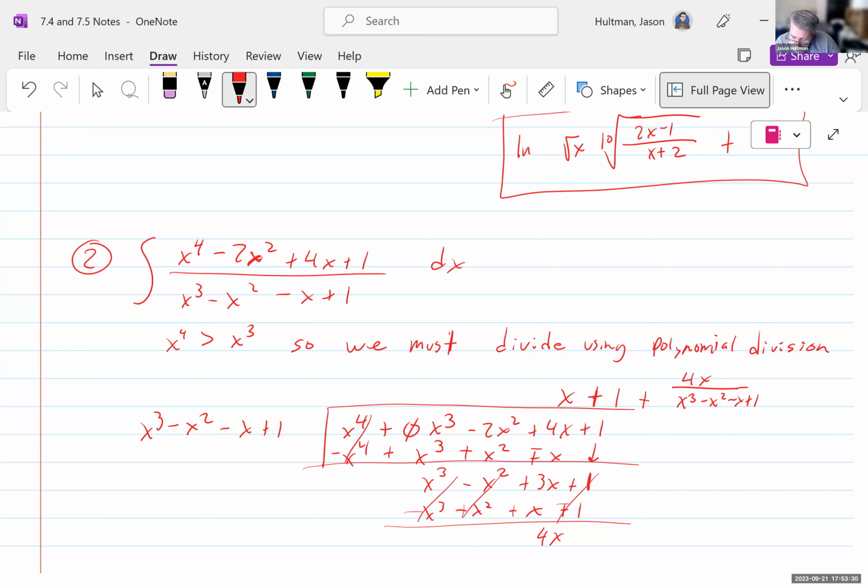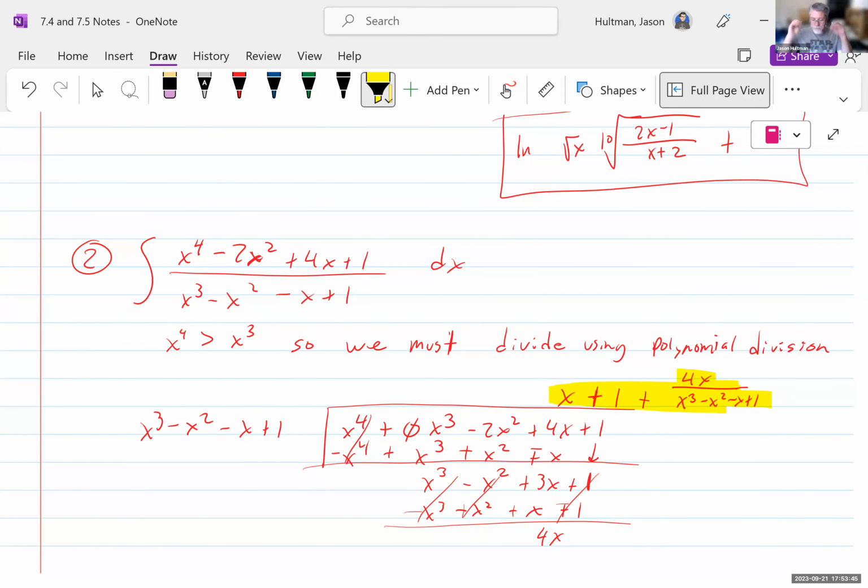So the power in the numerator is smaller than the power in the denominator, which is good. So this is my full result from long division. So this is going to help me now to do partial fractions.